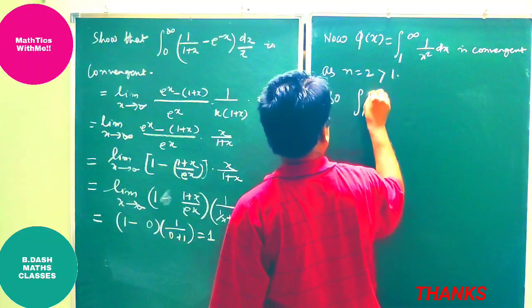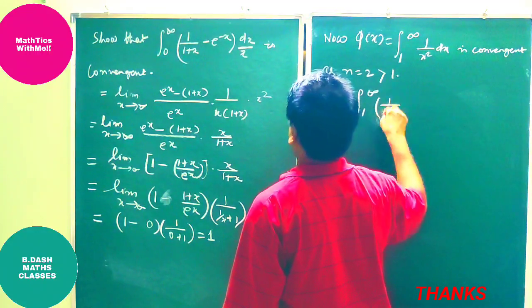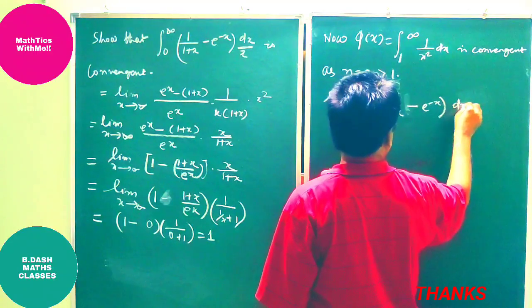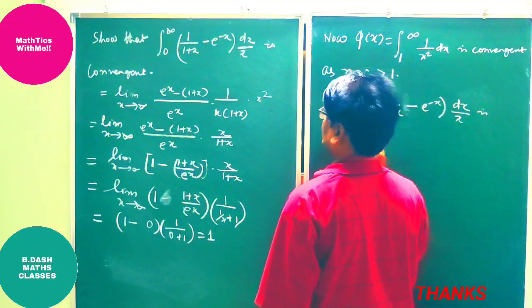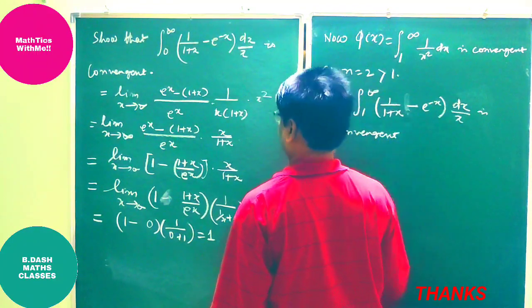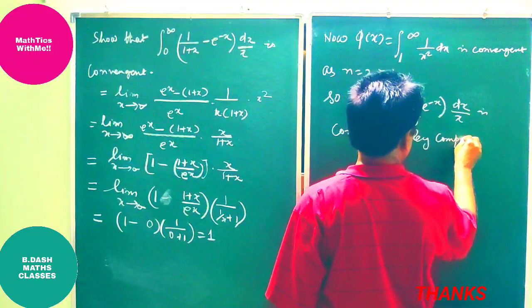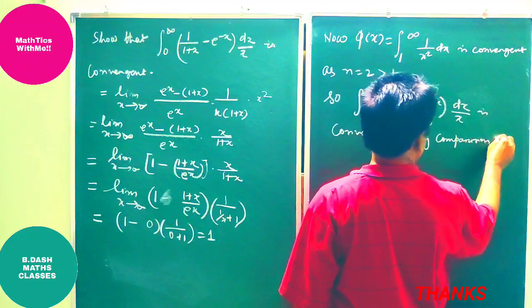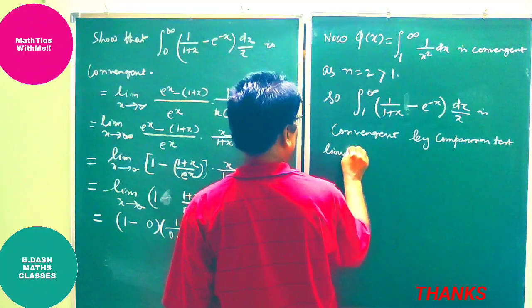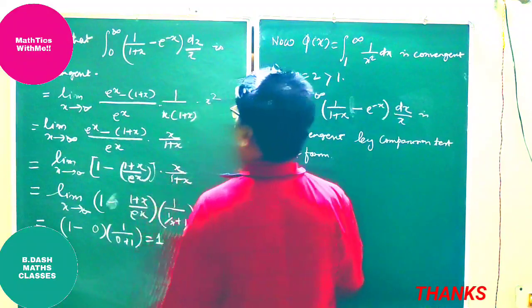So the integral from 1 to infinity of (1 by 1 plus x minus e to the power minus x) dx by x is convergent by the comparison test, limit form.